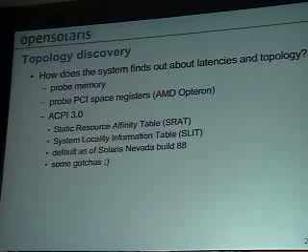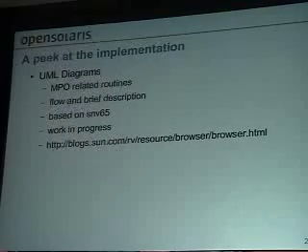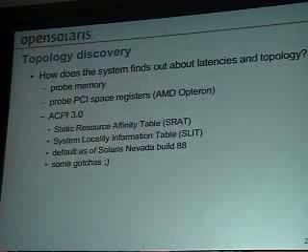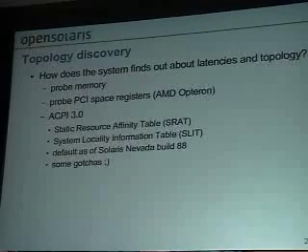This started as a Microsoft and HP thing, and then evolved, and now everyone is pretty much compliant with it. It's just tables in the BIOS, in the ACPI, which contain information about this.